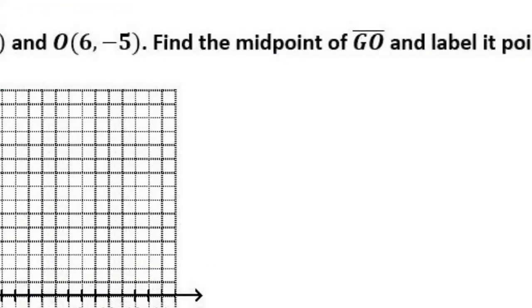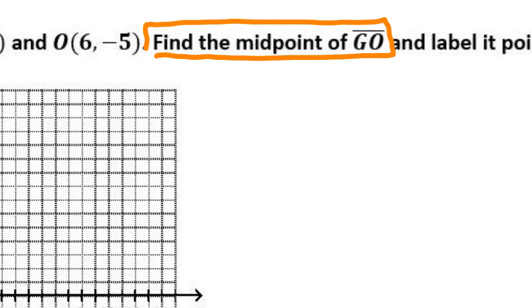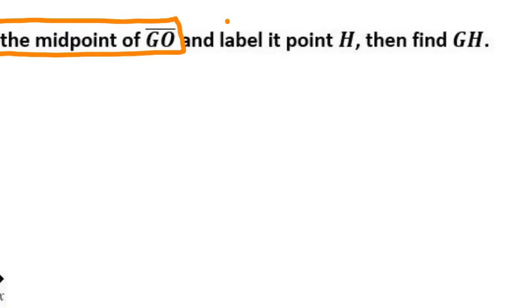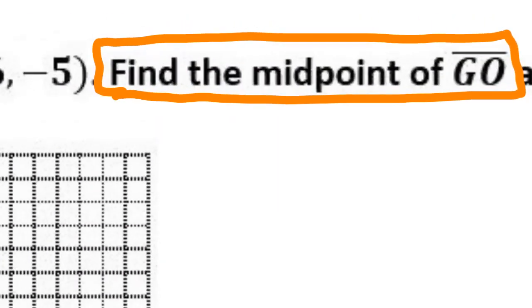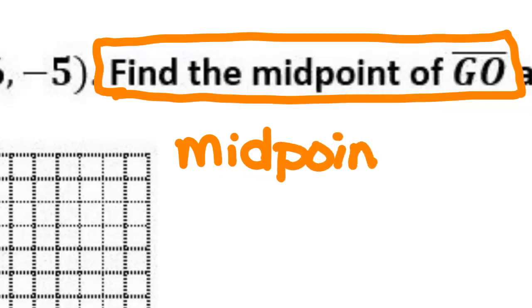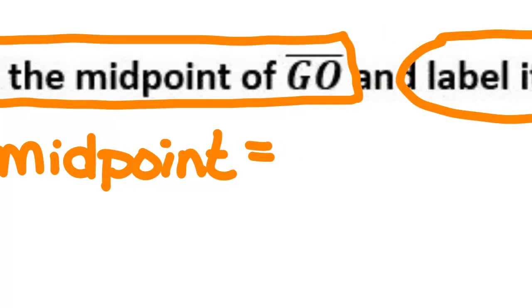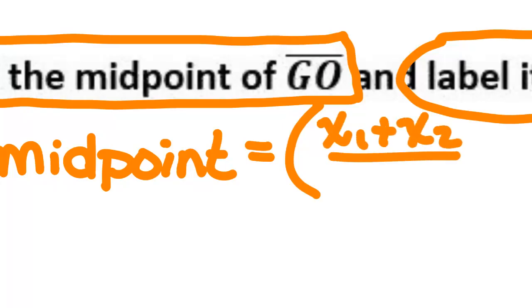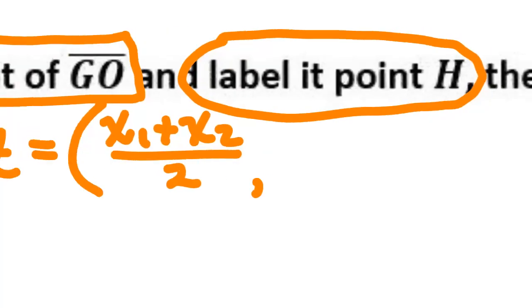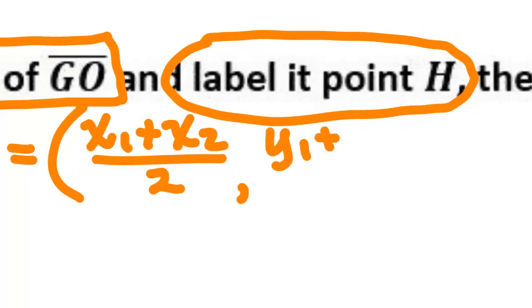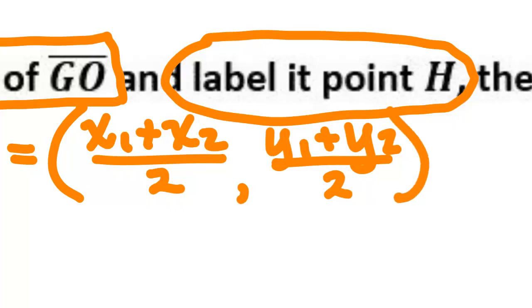All right, then the next thing it says is find the midpoint of GO and label it point H. All right, so we need our midpoint formula. Midpoint equals parentheses x1 plus x2 over 2, comma, y1 plus y2 over 2, close the parentheses.